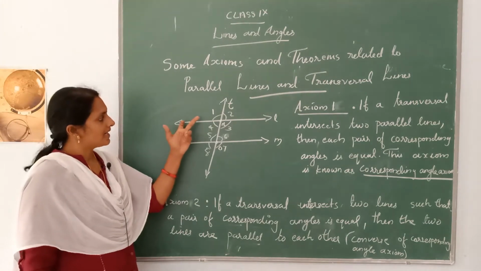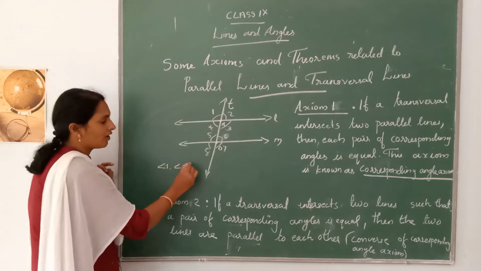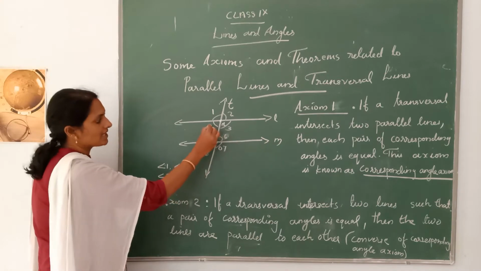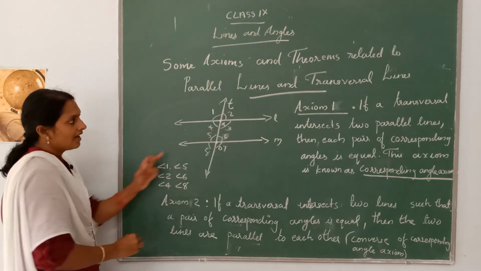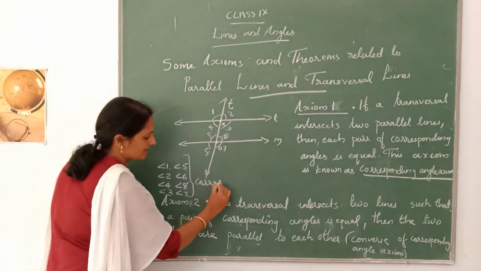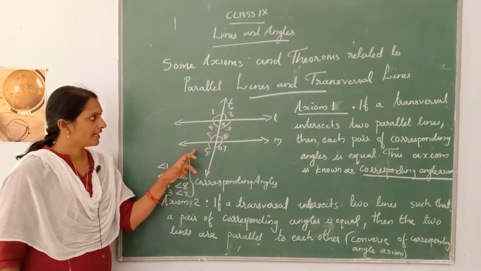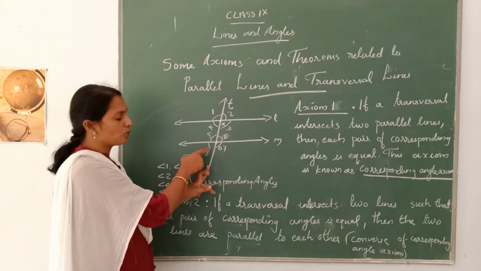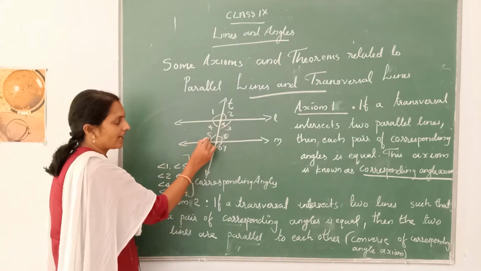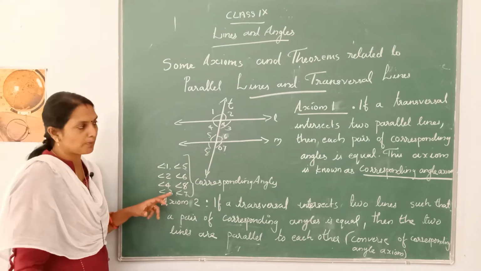Angle 1 and angle 5, angle 2 and angle 6, angle 4 and angle 8, angle 3 and angle 7 are called corresponding angles. Once again, two parallel lines L and M, and T is the transversal that cuts the two parallel lines at the distinct points N and O, forming 8 angles.